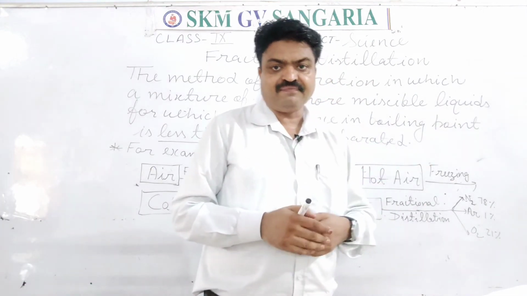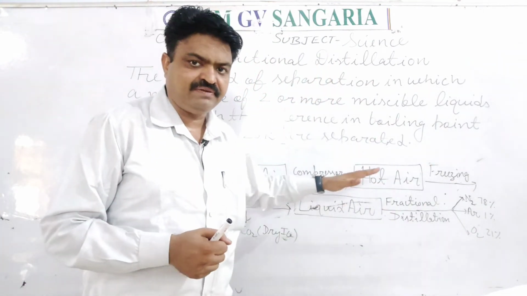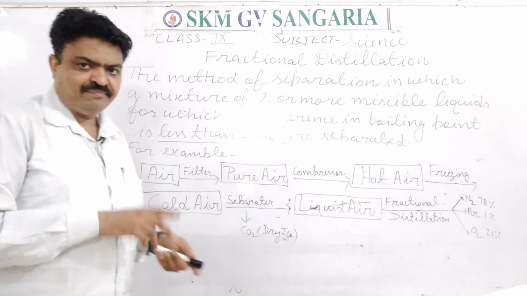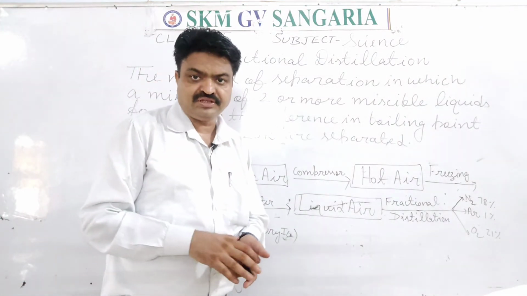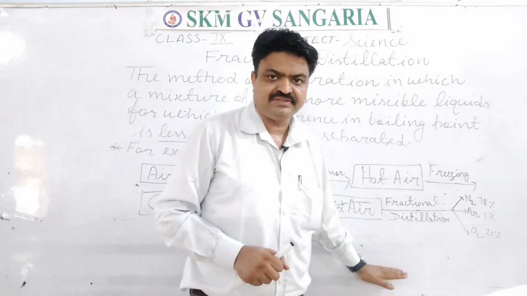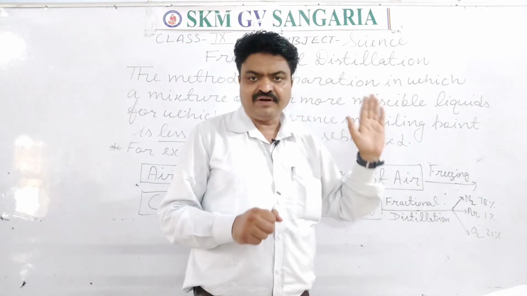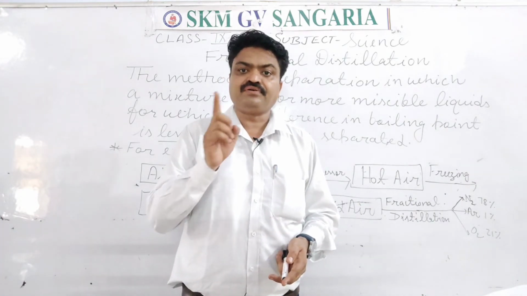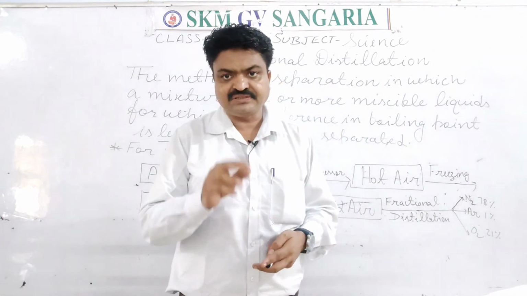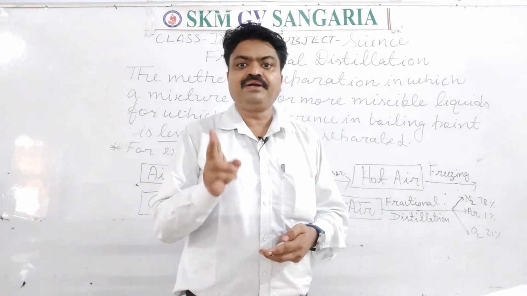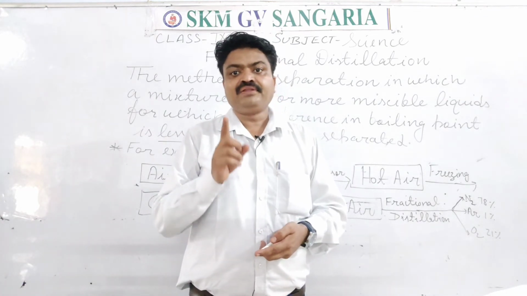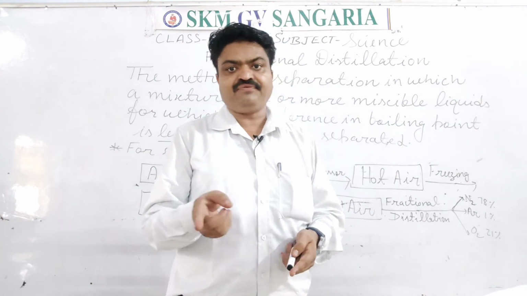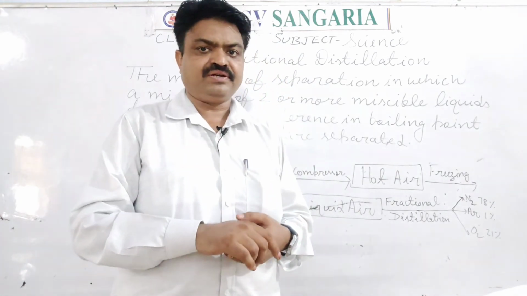So in this way we separate three different gases from the mixture of air, and the main method that we use is fractional distillation. Now what is fractional distillation? Fractional distillation is the method of separation in which we separate miscible liquids that have a difference in boiling point of less than 25 Kelvin, student.